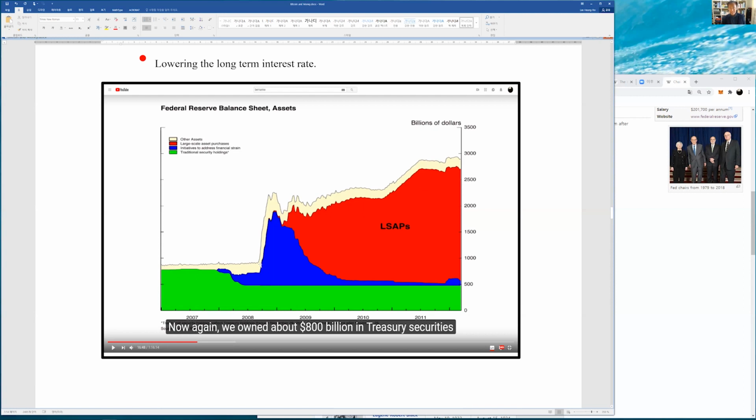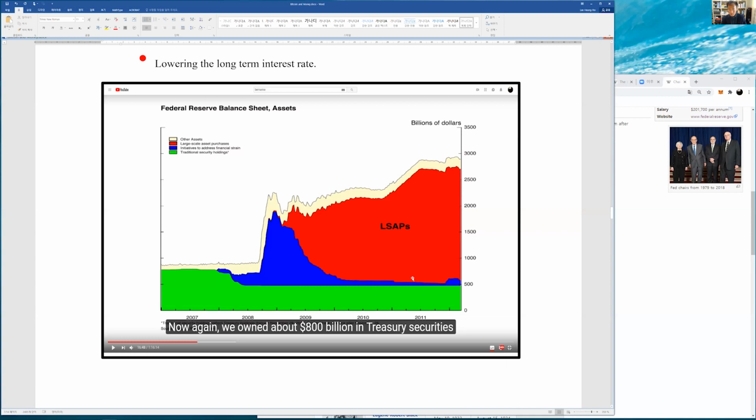The total amount of assets pre-2008 was 1 trillion US dollars. But after the financial panic, within 1 to 3 years, it went to 3 trillion US dollars. So the Fed had purchased twice the amount of assets that it had obtained over a long time.